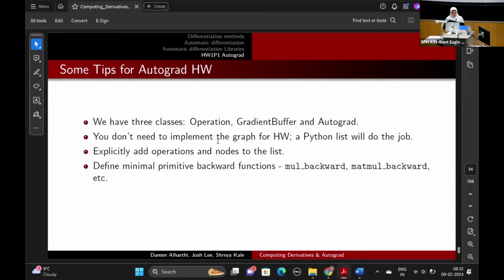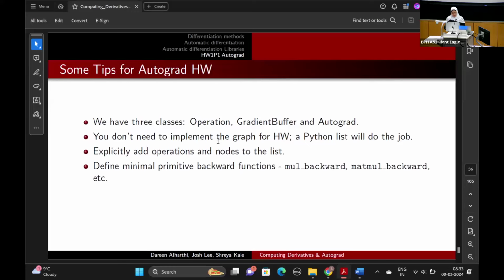The first class, the operation class: an object of this class represents every primitive operation that is performed in the network. For every operation you perform on the data, say multiplication, addition, or subtraction, you will need to initialize a new operation object that specifies the type of operation and the input and output.